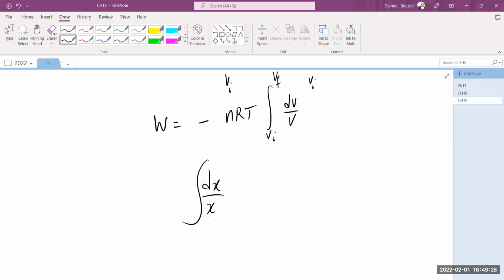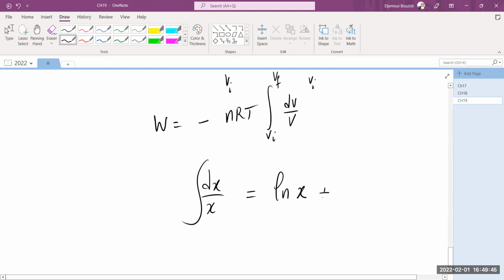What is the antiderivative of 1 over x? Is it ln? Do you guys agree? Yeah. That's it, or is there something else that I need to add to it? Plus the constant C.